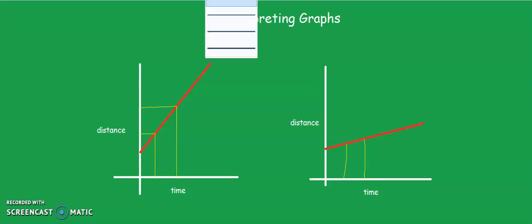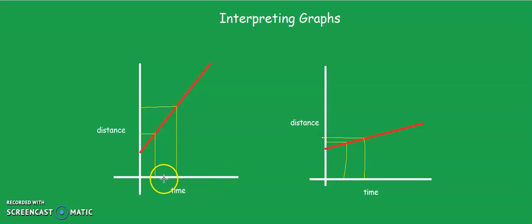You can see that the distance that it went up is not nearly as much. It only went up a little bit. So in this amount of time, I went up this much. And in the same amount of time on the other graph, I only went up this much.